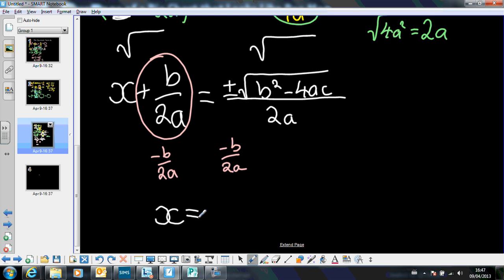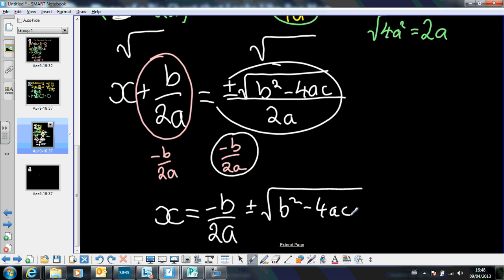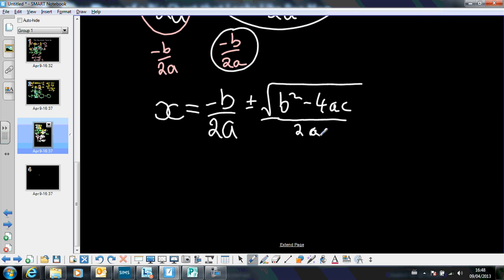And on the right, we've got this: take away b over 2a. Well, actually, we usually write that as the first term. So negative b over 2a we write first, plus or minus the square root of b squared minus 4ac, also over 2a.